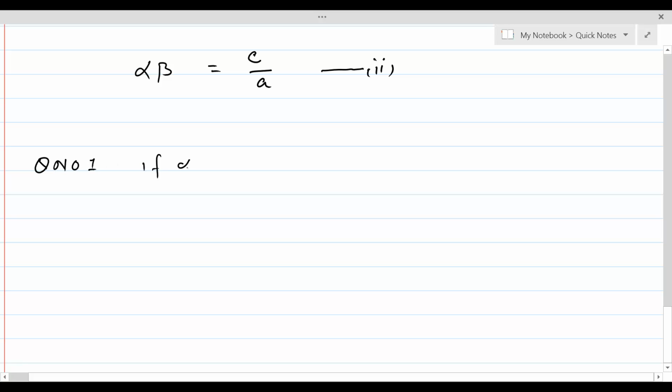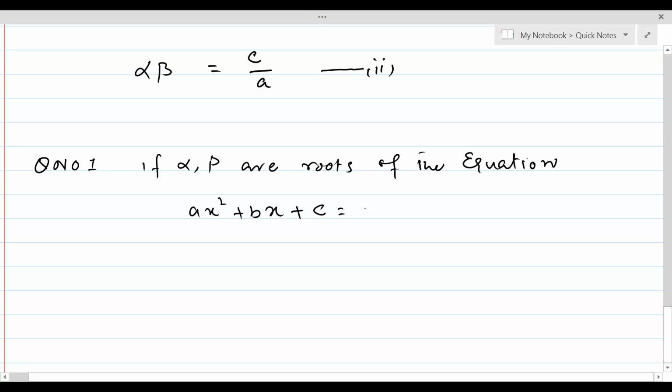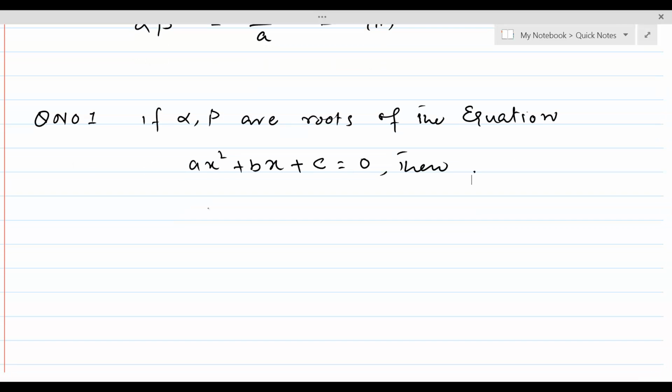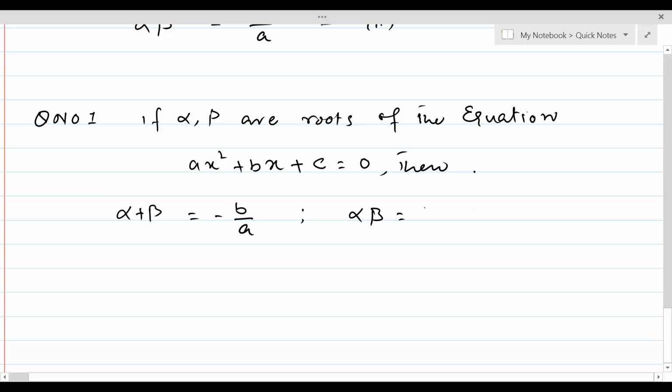If alpha, beta are roots of the equation ax square plus bx plus c equal to 0, then from the formula we have just learned, alpha plus beta is equal to minus b over a, and alpha beta is equal to c over a.